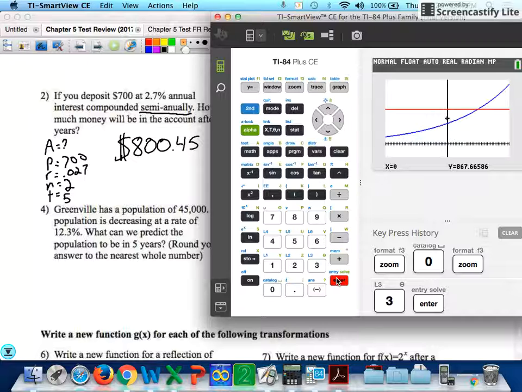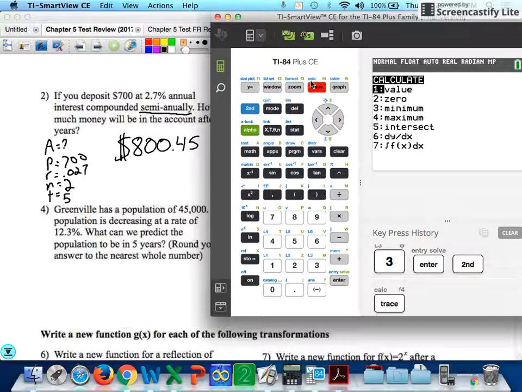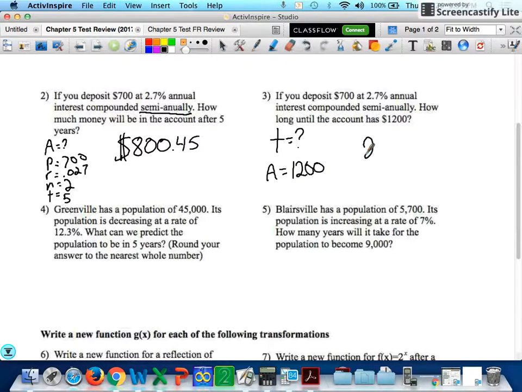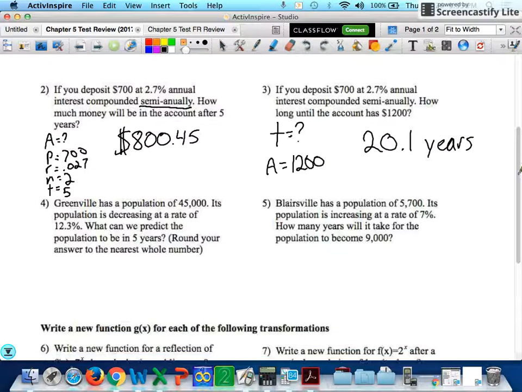Now I can see that intersection, so I can calculate it. Second trace, that gives me that calculate feature. Number 5 is our intersection. Press enter 3 times. It will take about 20.1 years or just 20 years to get to $1,200. Okay, so either 20 or 20.1, something like that, years. Remember, it's multiple choice on the actual test.